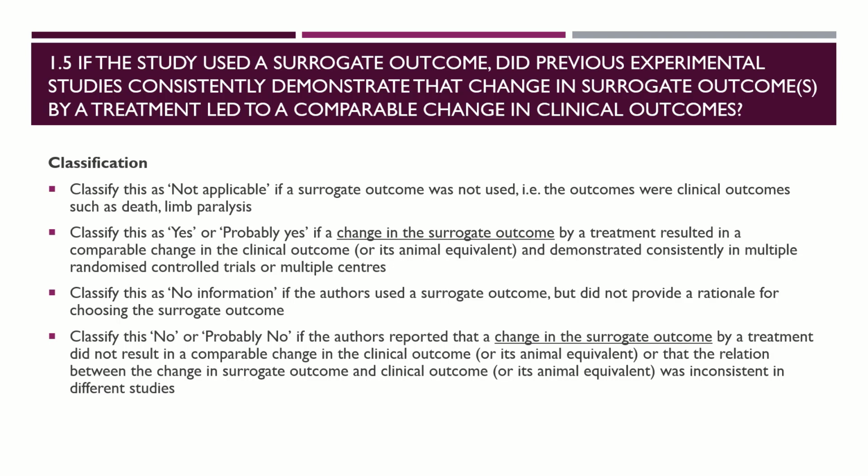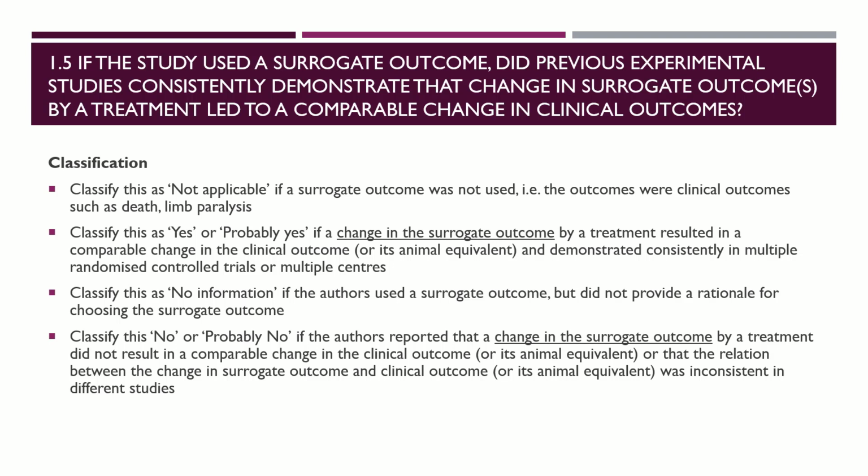Classify this as no information if the author used a surrogate outcome but did not provide a rationale for choosing the surrogate outcome. Classify this as no or probably no if the authors reported that a change in the surrogate outcome by a treatment did not result in a comparable change in the clinical outcome, or that the relation between the change in surrogate outcome and clinical outcome was inconsistent in different studies.